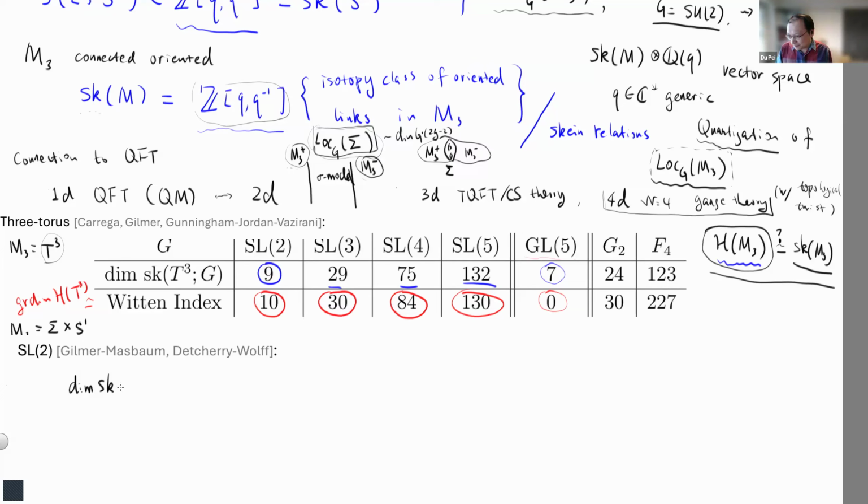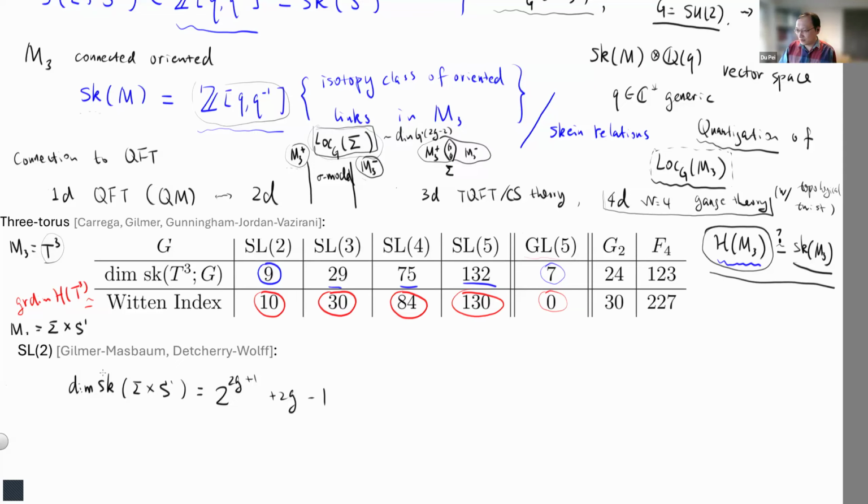Okay, so for SL2, the original Kauffman bracket skein module associated with Sigma times S^1 has dimension 2^(2g+1) + 2g - 1.